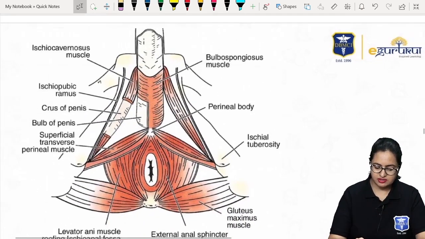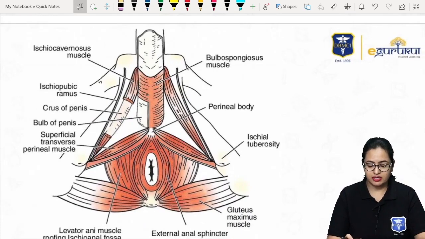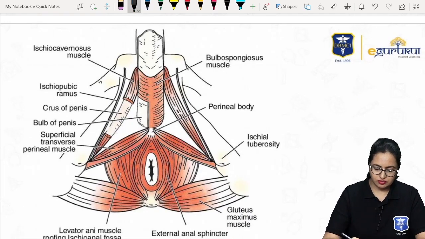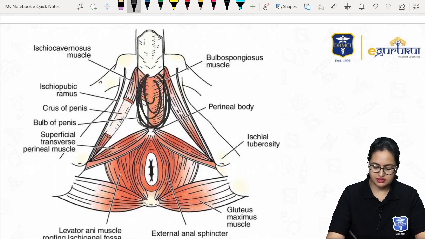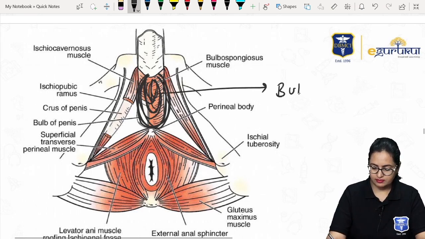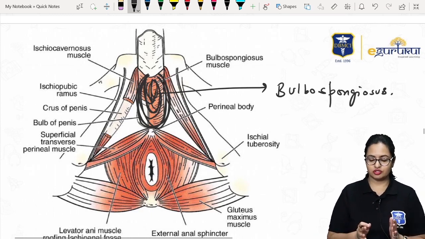If you see the muscles over here, these are the muscles of the perineum. The muscle which surrounds the bulb of the penis over here is the bulbospongiosus.